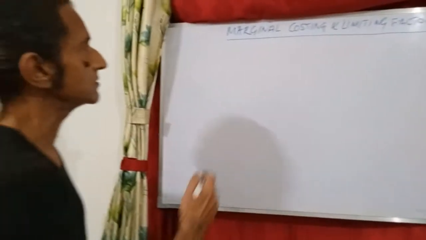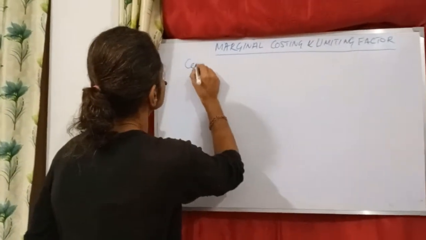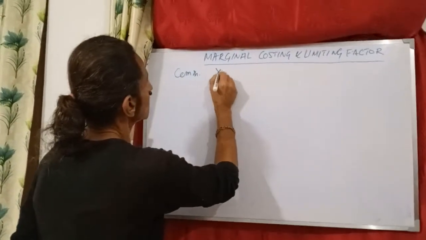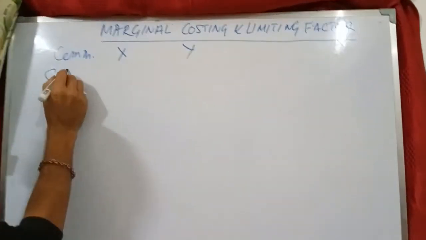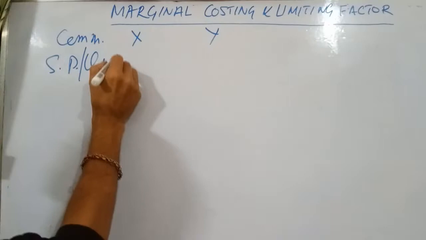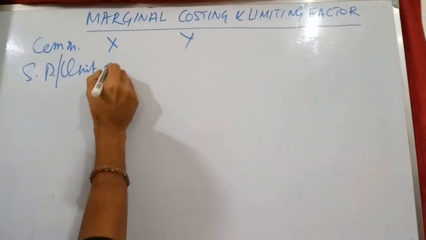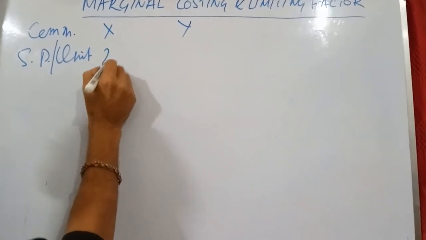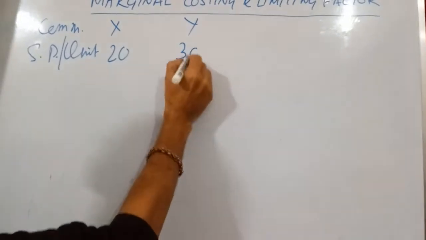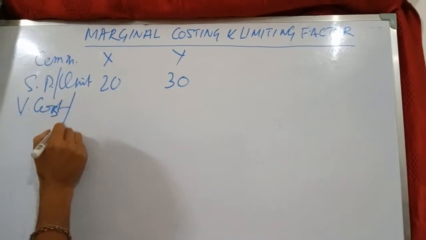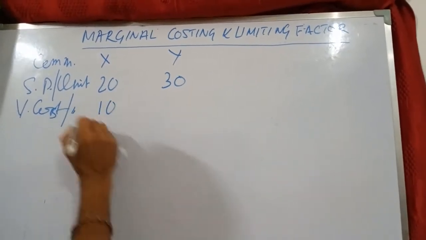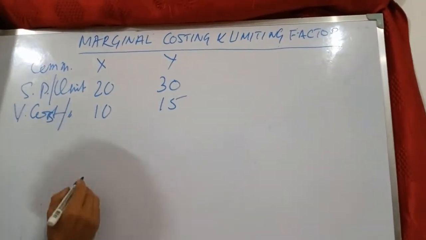Okay, let us take an example. Suppose a firm is producing two commodities X and Y. The sales price per unit of X is 20, for Y it is 30. The variable cost per unit, here it is 10, here it is 15.